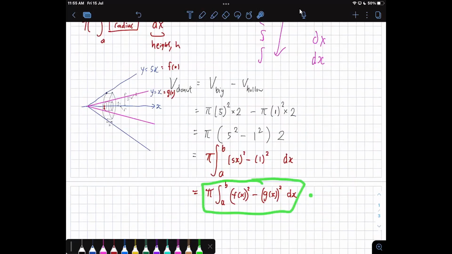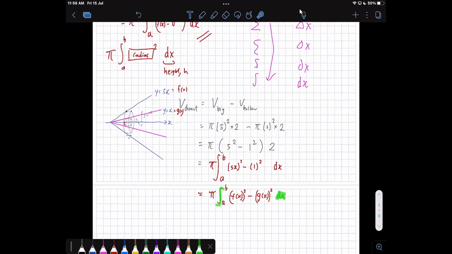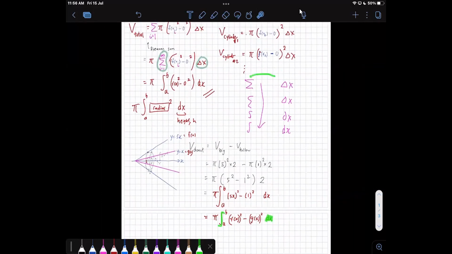Usually in schools, they will just ask you to memorize this formula. Here, I'm trying to give you an explanation. You just need to visualize. It's like pi r squared times h minus pi r squared times h: volume of big minus volume of small. And the integral dx is just asking you to add everything together because of the summation.